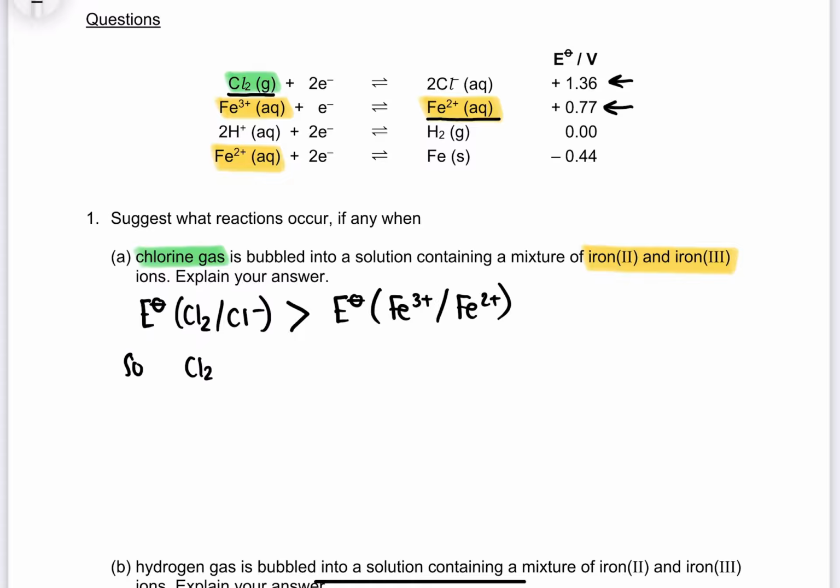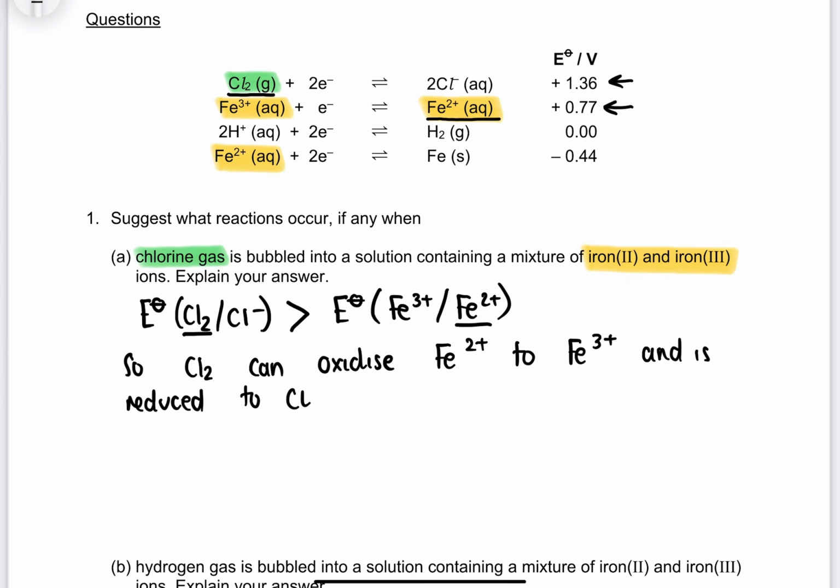So Cl2 can oxidize Fe2 plus to Fe3 plus, because the first thing oxidizes the last thing, and is reduced itself to Cl minus.